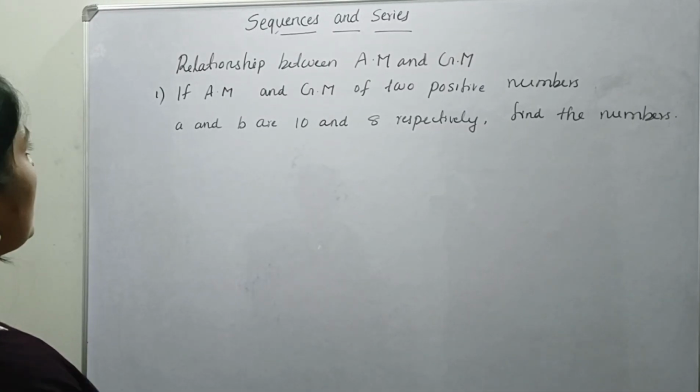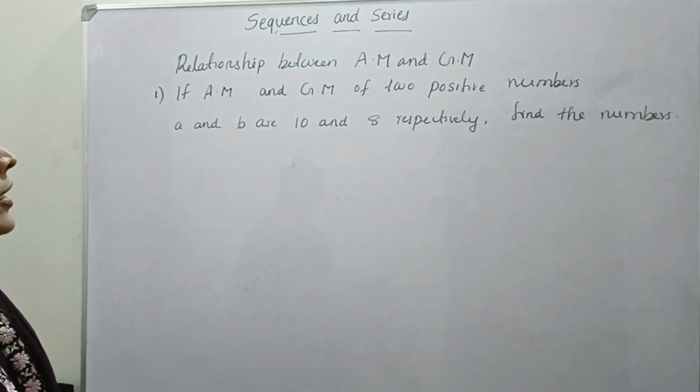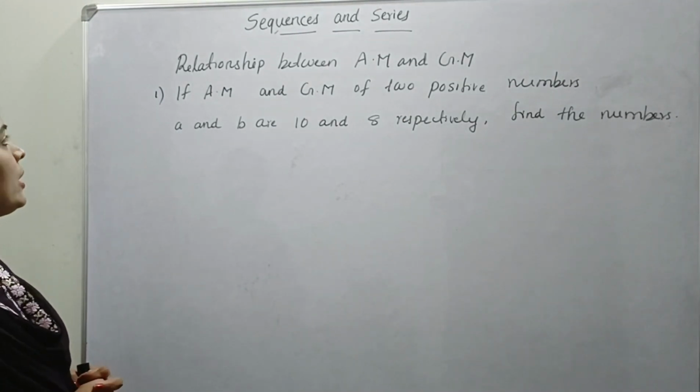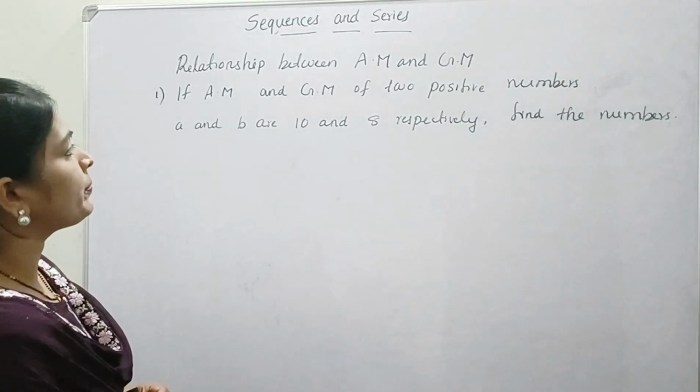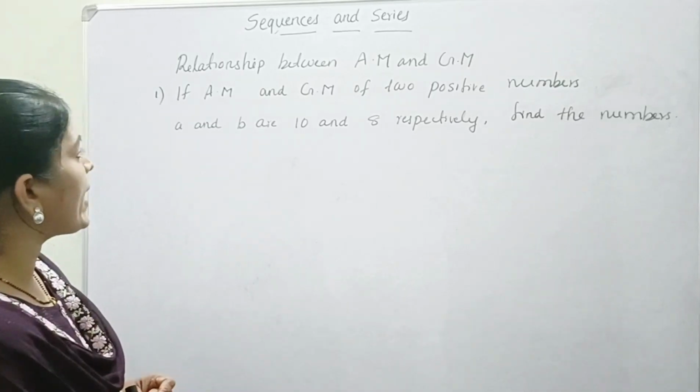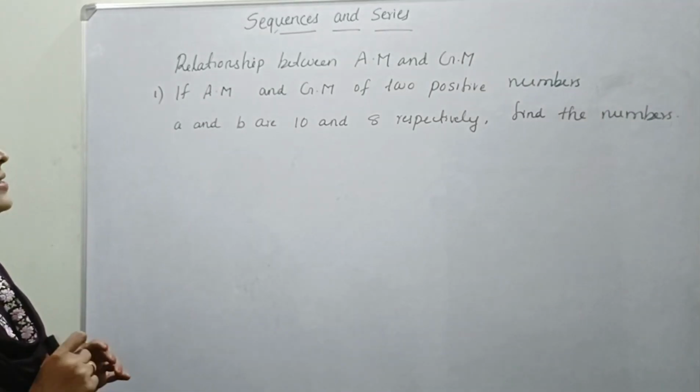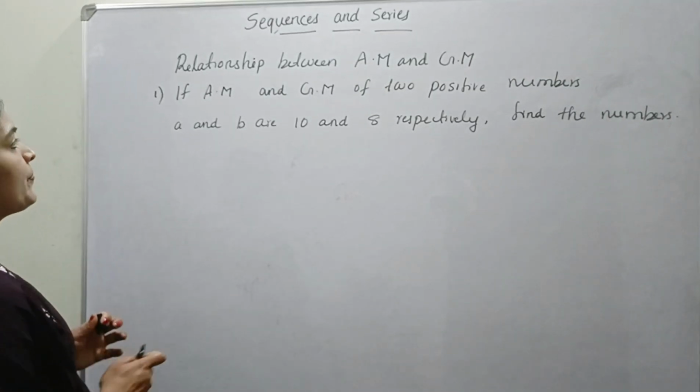Here is a question based on the relationship between arithmetic mean and geometric mean. If the AM and GM of two positive numbers A and B are 10 and 8 respectively, find the numbers.